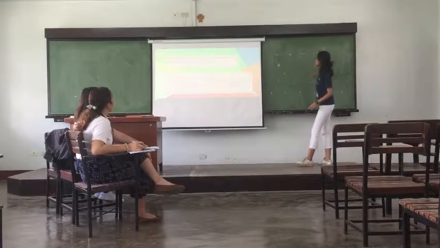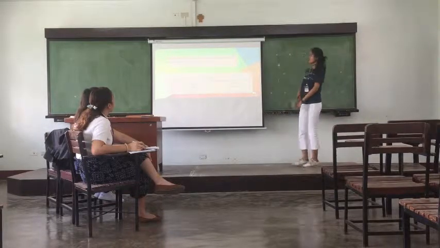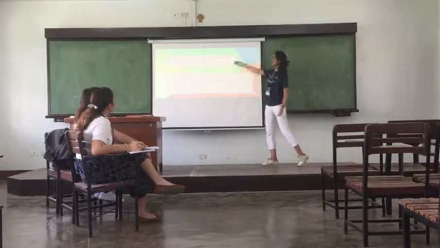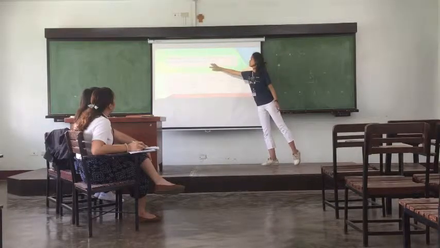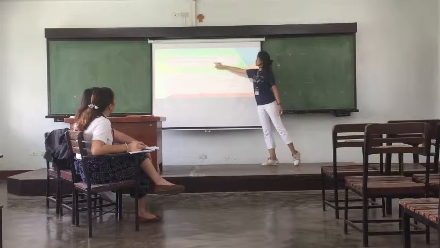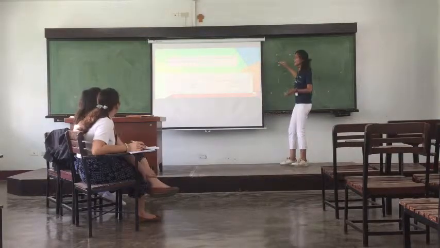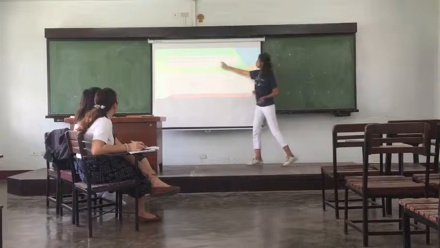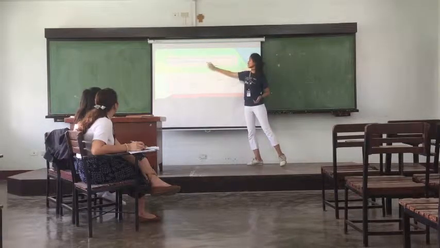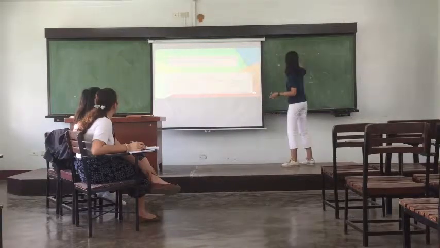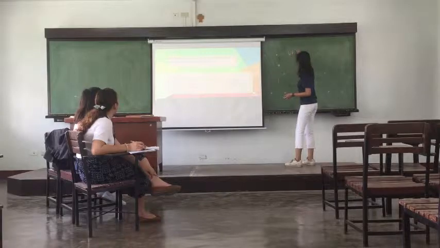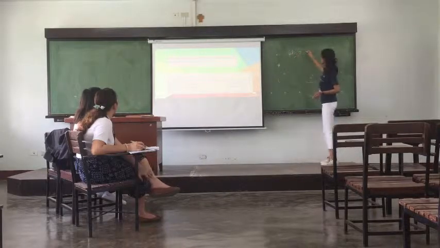Now in Theorem 3, if n is a positive integer and a and b are real numbers, then a times b, all raised to the power of n, is equal to a to the n times b to the n. So this is very different from Theorem 2, right? Since we need to put an exponent n on every variable.